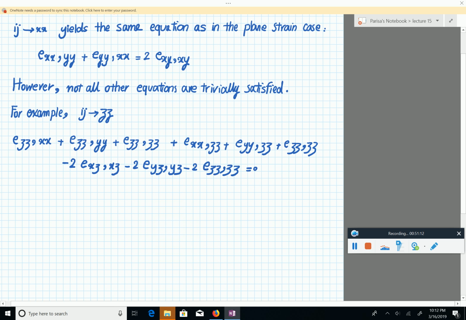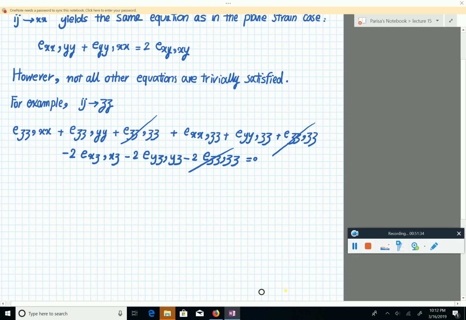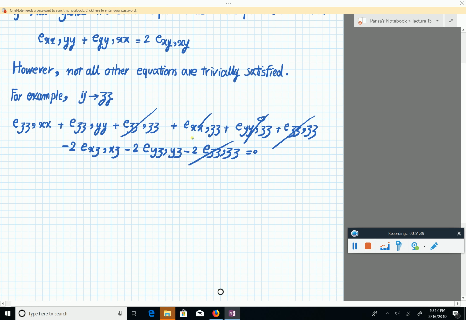These three terms will go to 0. Let's see what else is 0. exx and eyy are functions of x and y, so this is equal to 0, this is equal to 0, and exz and eyz are also 0.